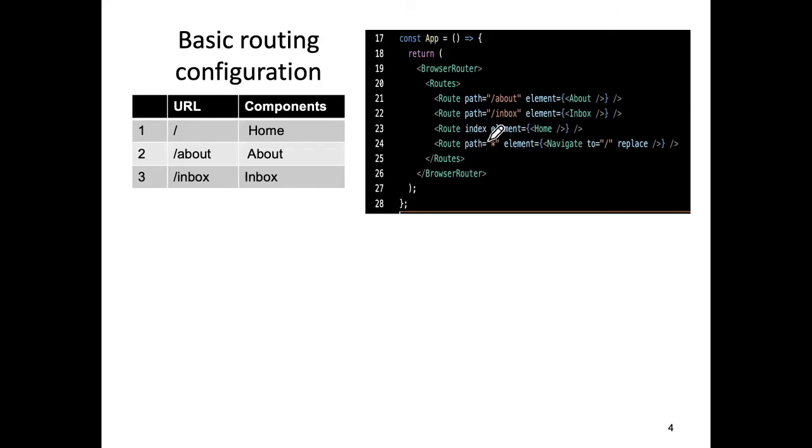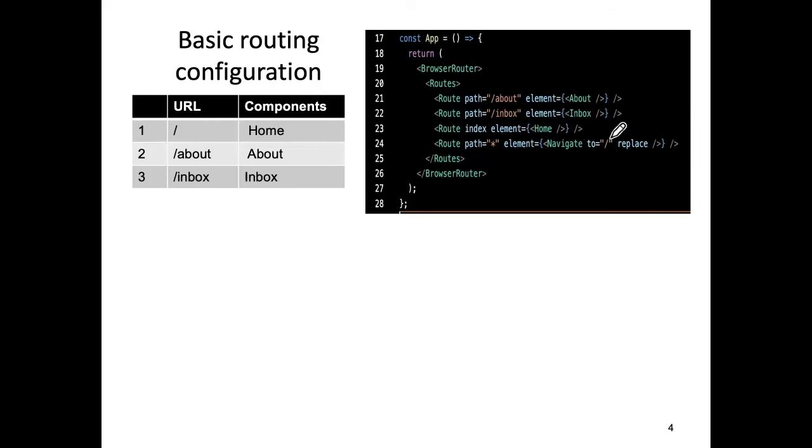And then this is catching the 404. So this is essentially saying if the URL is none of the above, then execute this. Now, Navigate is a component that comes with the React router. What that component does is it changes the URL in the browser to this value here.